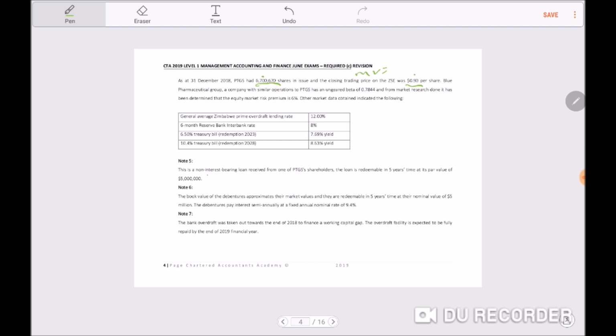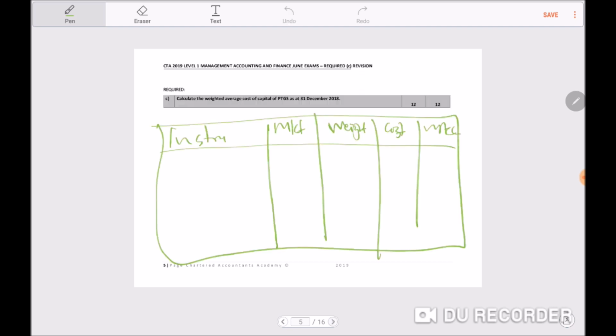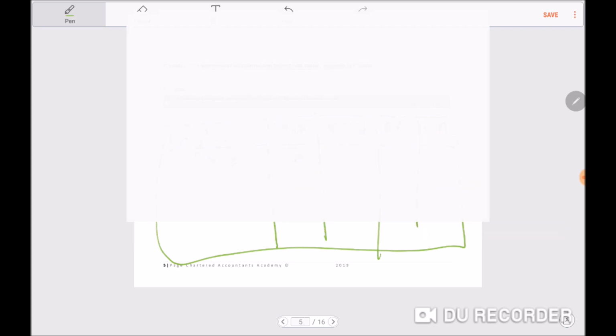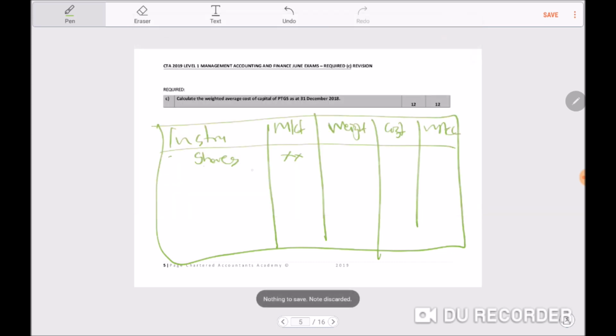And where do we put this market value? Come here, under shares, and we put the market value we've calculated. And where did we get this information? We got this from calculation 1. Referencing is another key thing you need to do.